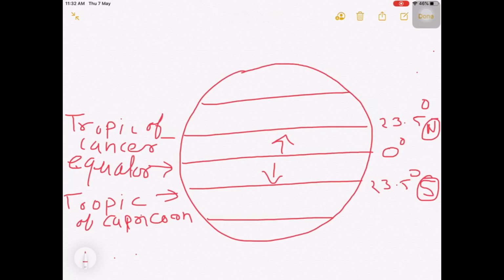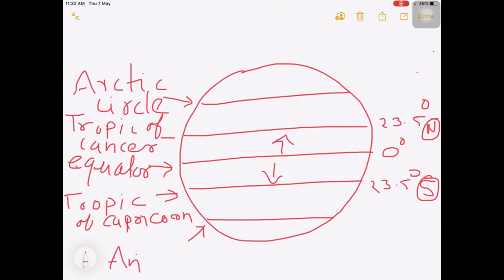For the next line, this is our Arctic Circle, and below it we call it the Antarctic Circle. So Arctic Circle and Antarctic Circle.